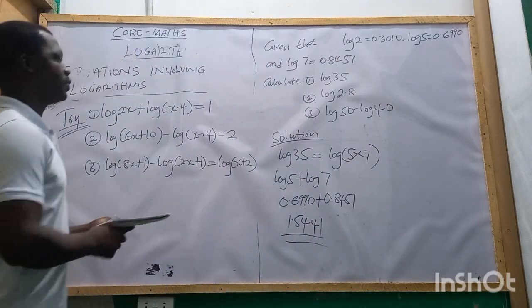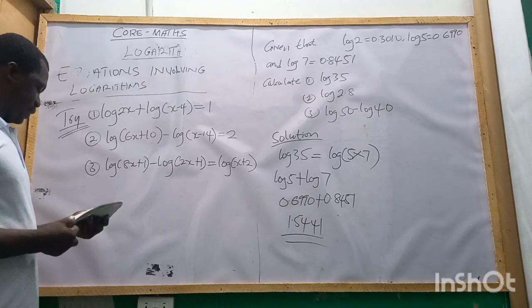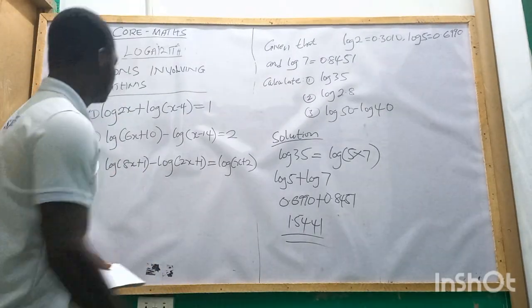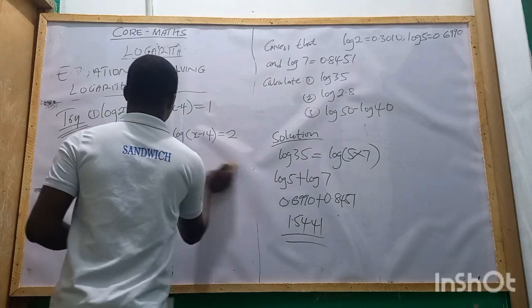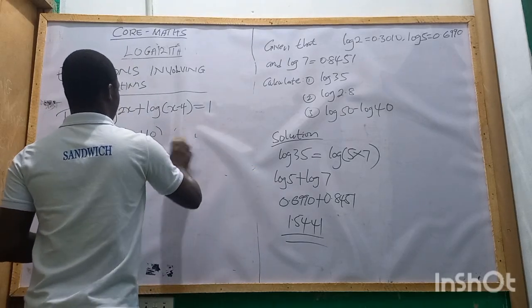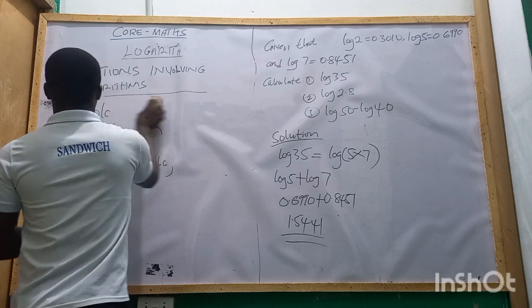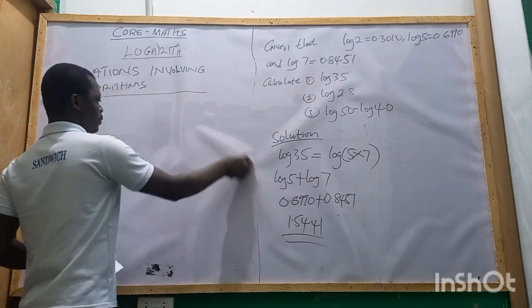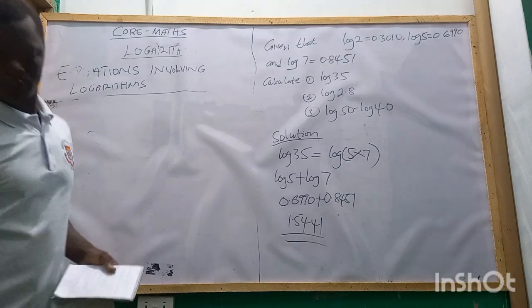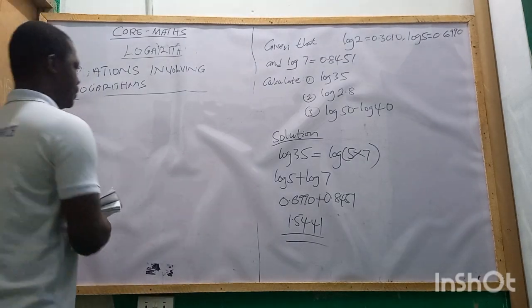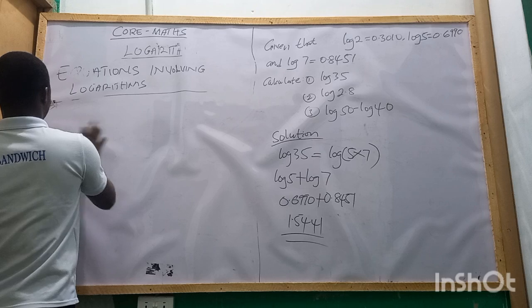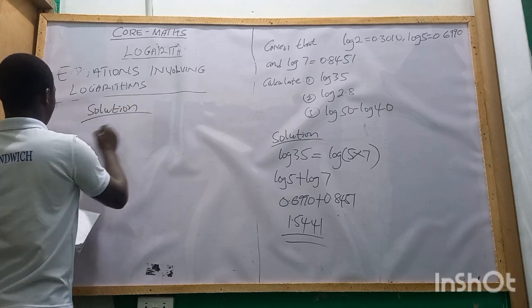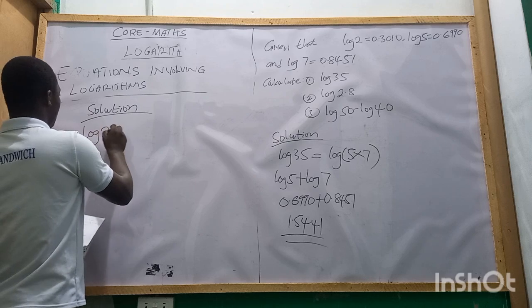So that's very, very simple. Right, so let's take the second one, log 2.8. So here is a fraction.